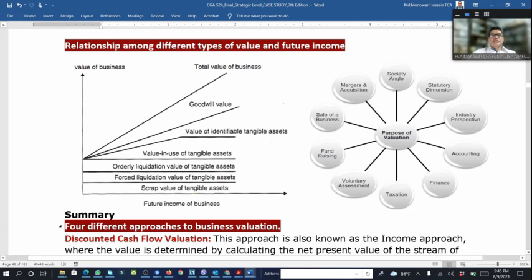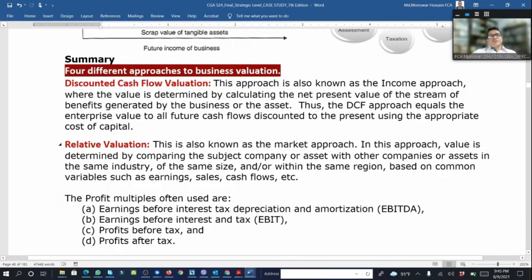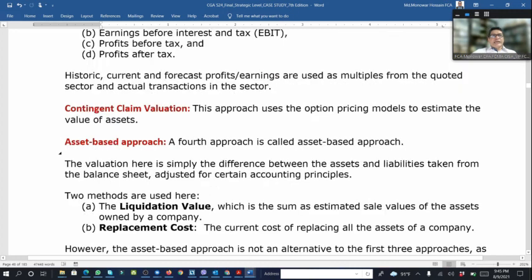The total comes to the business value, this way, from the future income of the business. We also saw the purpose of valuation previously: statutory, industrial, accounting, finance, etc. In summary, we can calculate the value using discounted cash flow, relative value, contingent claim value, and asset value.